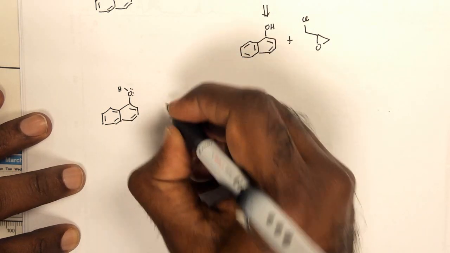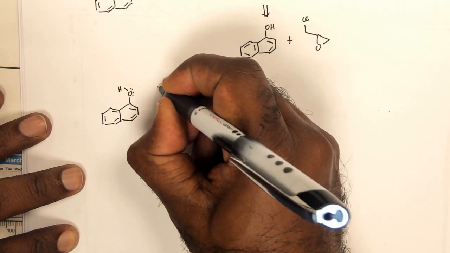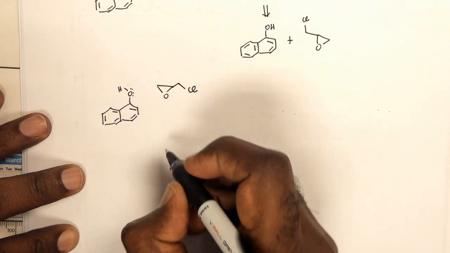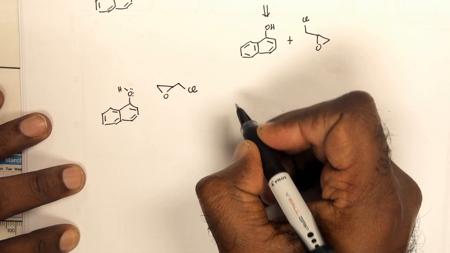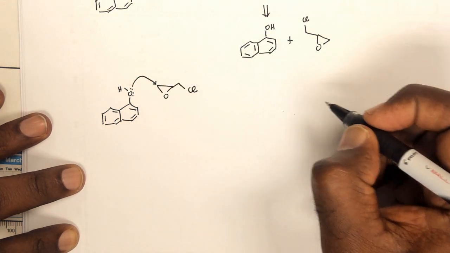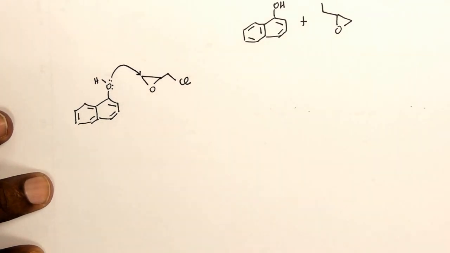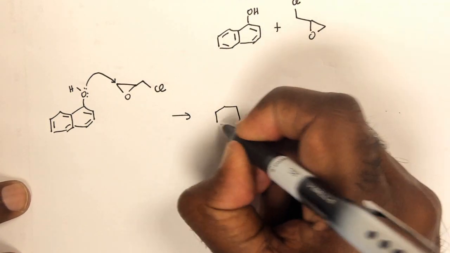The oxygen nucleophile would attack the epoxide, and as I said, it would normally attack the less hindered carbon of the epoxide, and that would give you this intermediate.